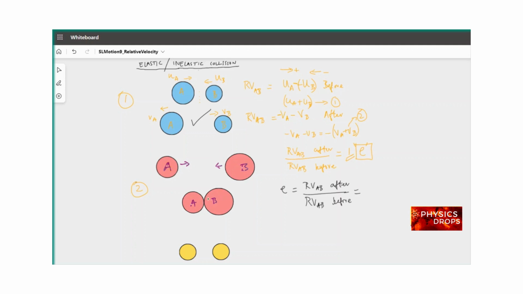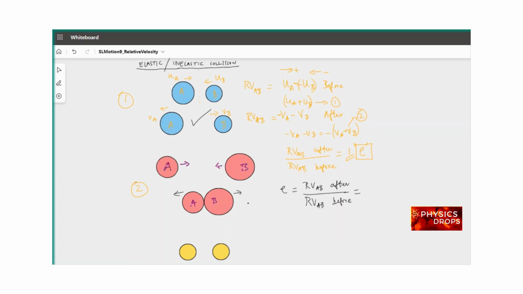Sometimes it's not perfectly inelastic, in which case they will continue to move in this direction or that direction. But if it's perfectly inelastic, it means there is no bounce at all. They don't bounce away from each other, and they stick to each other and come to rest. Then it will be zero. The relative velocity of A with respect to B after collision will become zero if they come to rest.